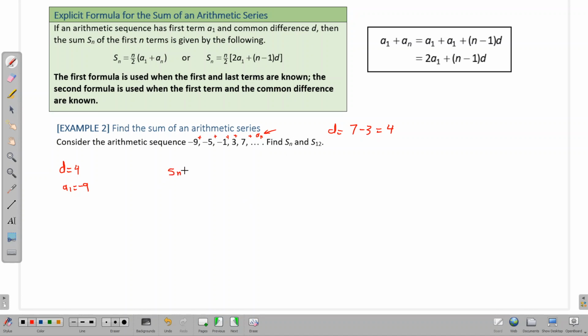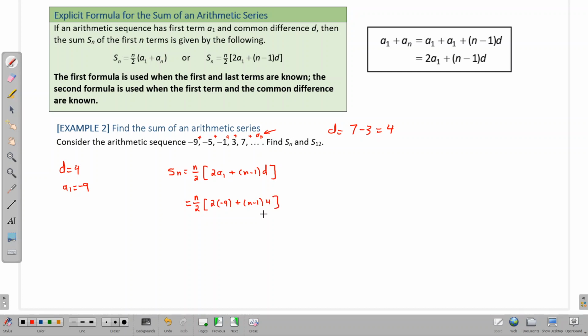So I'm going to write out just the general formula first, and then we can put in the things that we know. So it's n over 2 times 2a1 plus n minus 1 times d, and leave n as a variable, so n over 2 times 2 times -9 plus n minus 1 times 4.